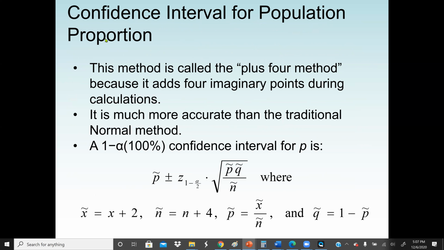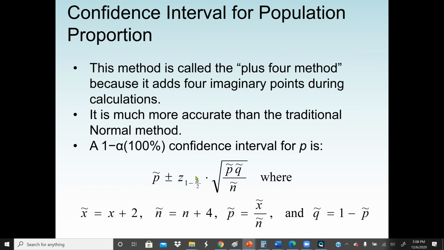So next, how do we find the confidence interval for population proportion? This method is called the plus-4 method because it adds 4 imaginary points during calculations. It is much more accurate than the traditional normal method. So the 1 minus alpha 100% confidence interval for p is, remember previously in parametric tests like the t-test or z-test, the confidence interval was the mean plus or minus the margin of error.